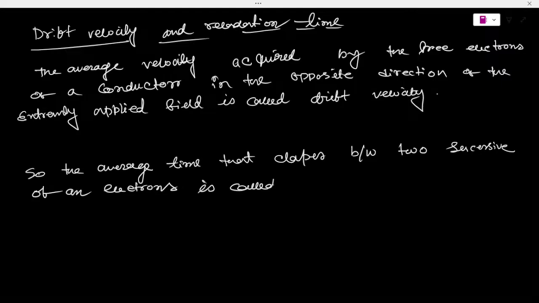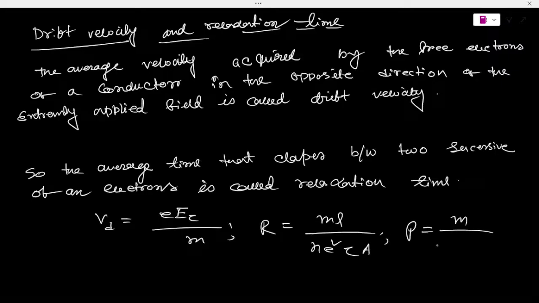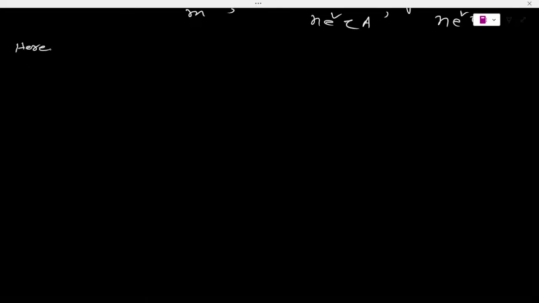For drift velocity, vd is equal to E tau divided by m, and for R it is basically ml divided by n e square tau A, and rho is basically m divided by n e square tau.